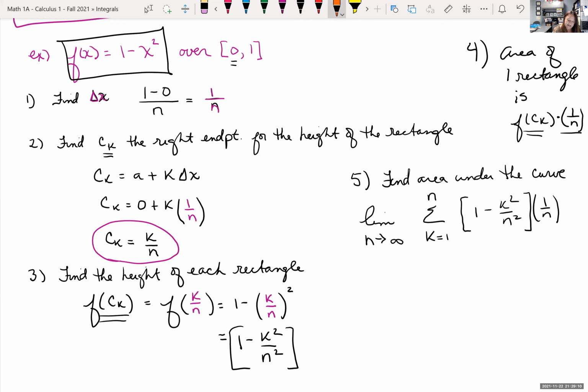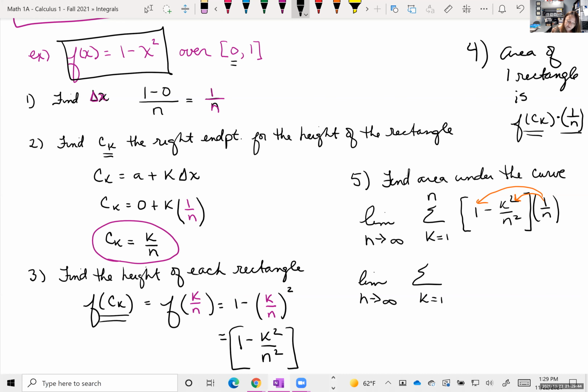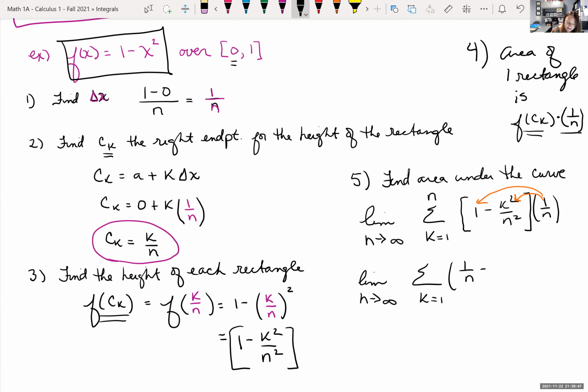So technically I can distribute this 1 over n to each term. So let's bring down the limit as n goes to infinity of the summation from k equals 1 to n of 1 minus k squared over n squared. Just stringing the 1 over n, I have 1 over n minus k squared all over n cubed.